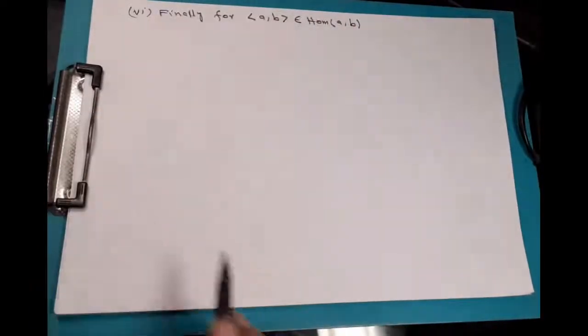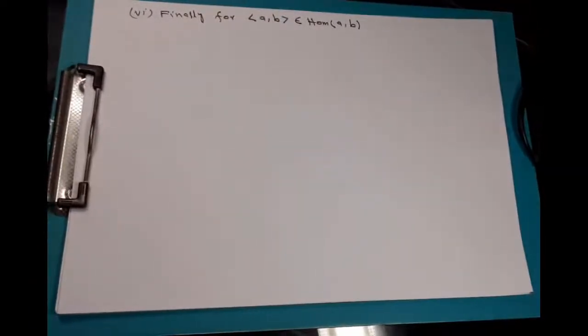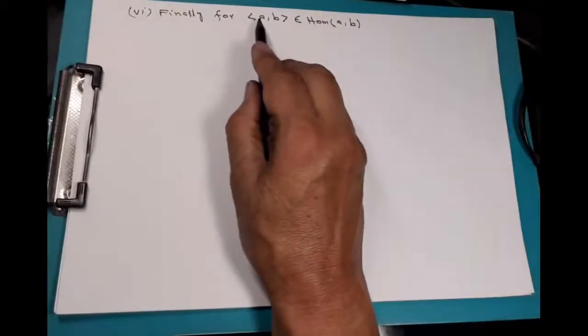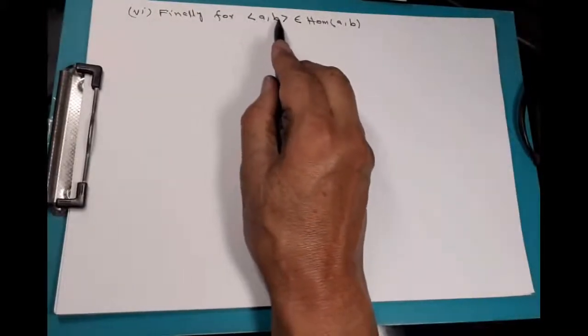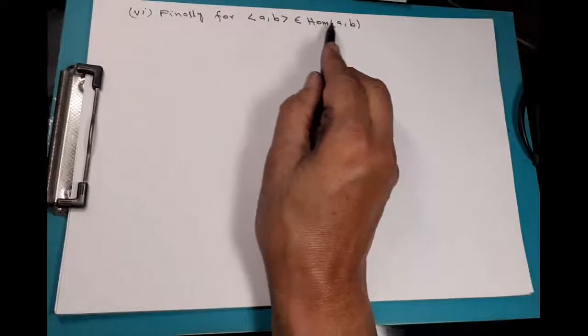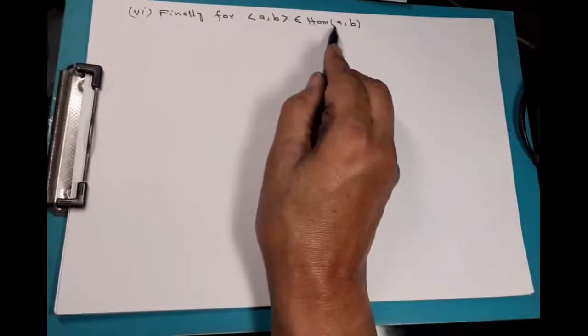This arrow exists if A is related with B. Other cases are also there, which are empty if A is not related with B, but anyway. So let A be related with B, then this is an arrow in Hom(A, B).